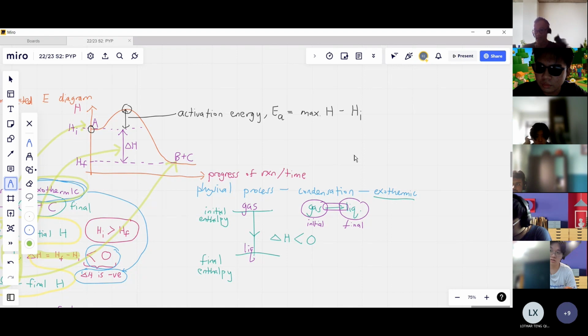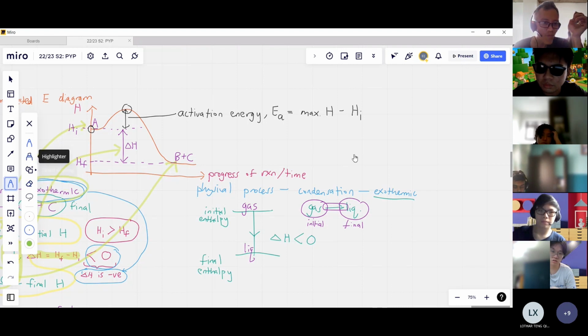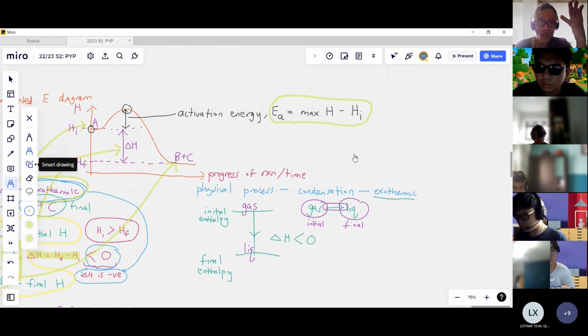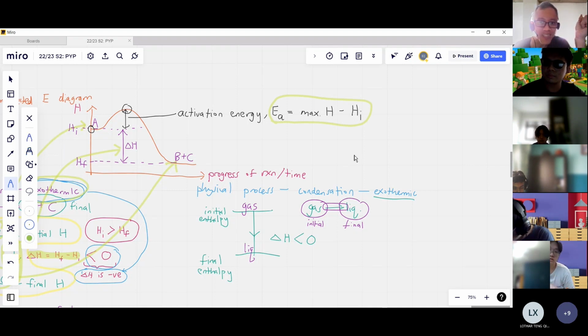Yeah, this is the mathematical explanation, but how about the physical explanation? What is activation energy? Okay, guys, this one you have to know. This one here is not so much in your syllabus, but it helps you in your understanding. But what exactly is the physical meaning of activation energy? Okay, guys, just try to follow.